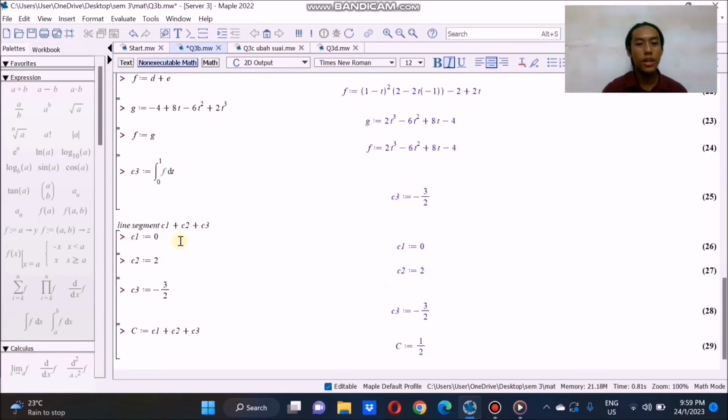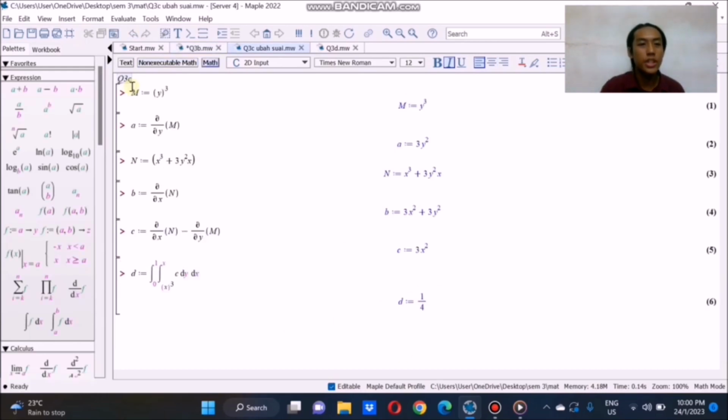For C total, I declare all the answers here, C1, C2, and C3. I declare C is equal to C1 plus C2 plus C3, and the answer will be 1 over 2.